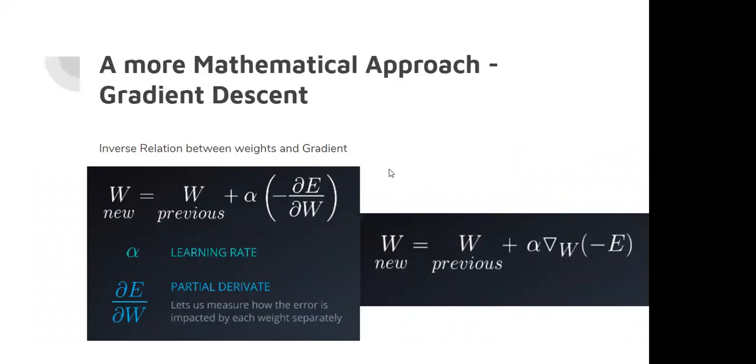So if alpha is your learning rate, and you find the value of this expression, del E by del W, which is the rate of change of error with respect to weights, then your new weight is going to be whatever was the previous weight plus alpha multiplied by the negative of this partial derivative.